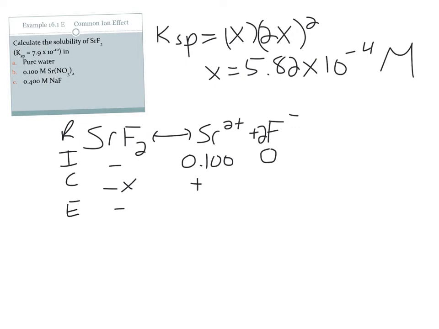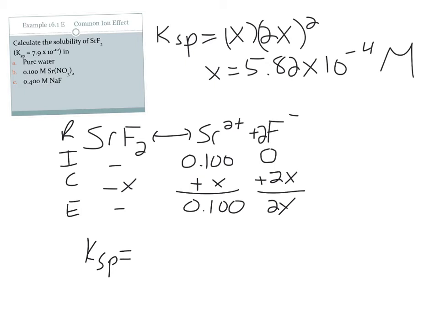So when we add an x value to the strontium, we know that x values are not going to be significant if we have a common ion, and the only thing we have left here is the fluoride. So our Ksp equation becomes strontium still, because the expression doesn't change, it's still strontium times fluoride squared, and the fluoride becomes 2x squared. Okay, so the solubility is the x value, that's the strontium fluoride.